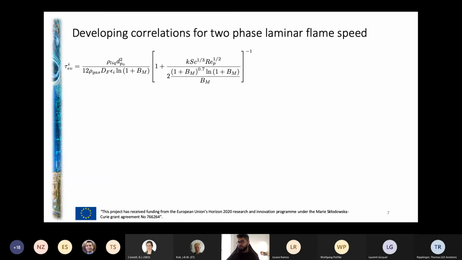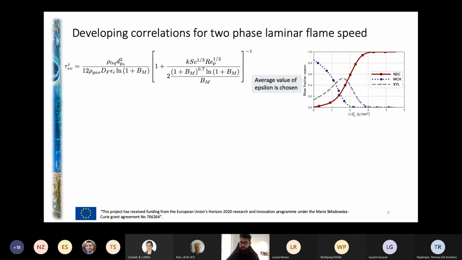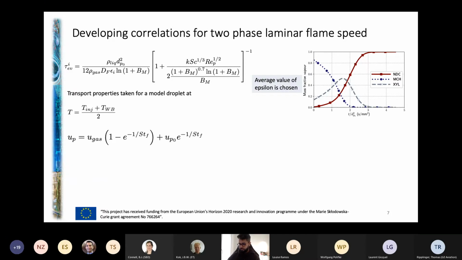That was done considering the timescales for evaporation of each species, where you actually observe these multi-component effects that can be used, like the varying evaporation flux. As I said, initially you have cyclohexane, and in the end you only have the heavy component evaporating, and we also take into account the drag effects over the flame region for the droplets.